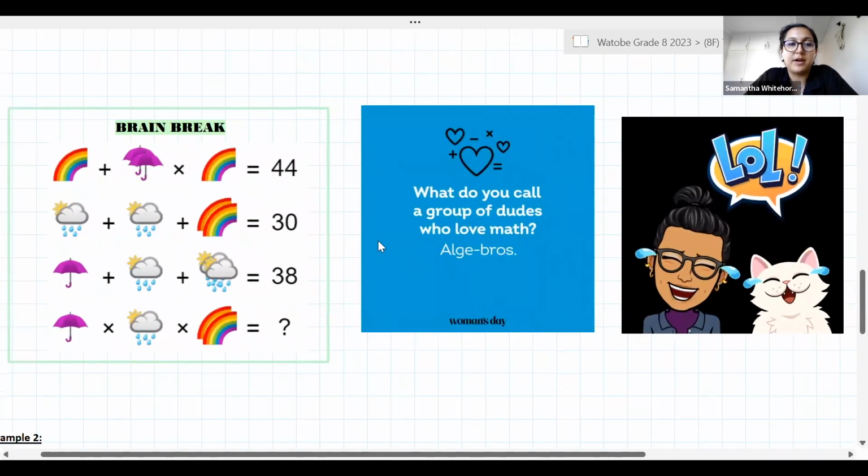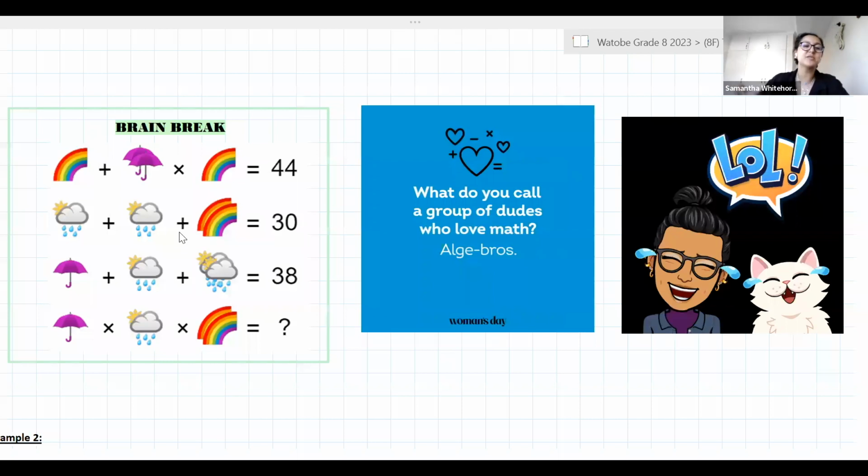So this was our brain break from Monday, and we were struggling a little bit to try and find the answer. So at this point, if anyone has the answer, or if anyone thinks they have the answer, you can raise your hand, or you're welcome to put it in the chat. So I'll wait a couple seconds. Otherwise, I will go through it now.